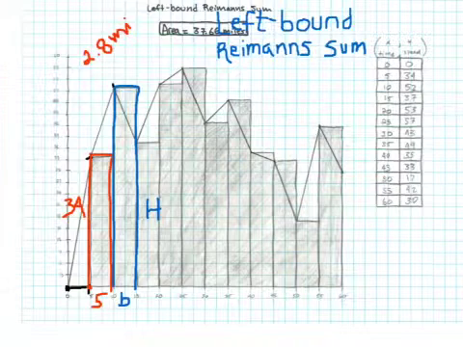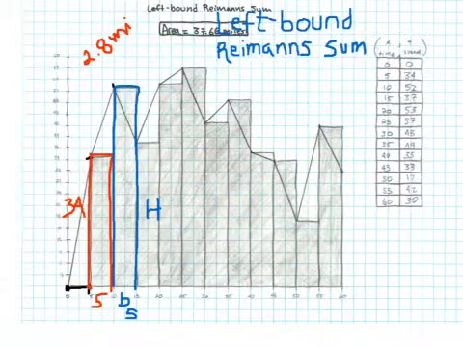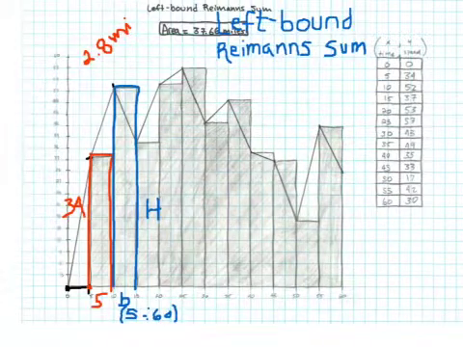We're going to get into how that works, and we're going to take the right bound, and take the average of the left and right bound. I'll go through all of it. But if we take the area of the second block, it's going to be 5 divided by 60 times the height.